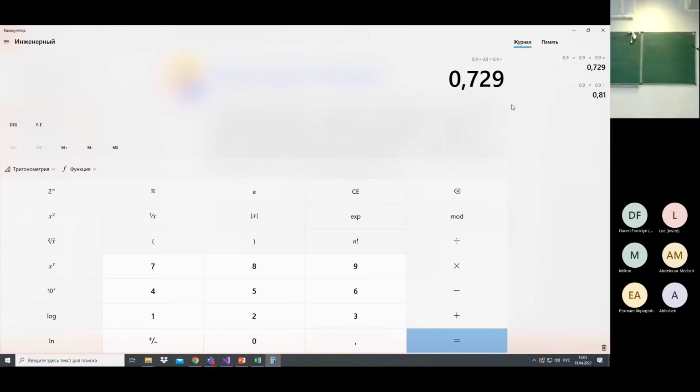Zero point nine power 3. How did you get 0.27? I remember that it should be 27, but not 27, rather 729. Either compute it just using pen and paper, or use the calculator on your phone or computer. 0.729.